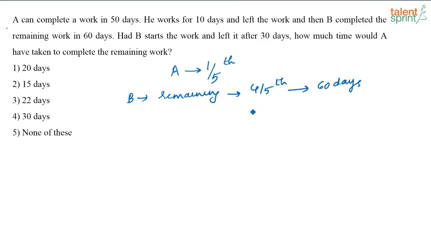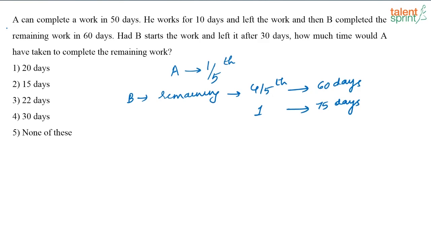So how many days will B take to complete the full work? How many days B would have taken to complete the full work? B would have taken 75 days. Now how do I say this? See, 4 parts of 5, 4/5 is 60. Basically 60 is divided into 4 equal parts, right? Or I can say 1/5 of the work is 15.